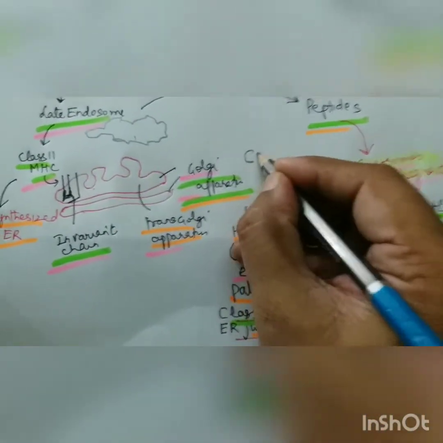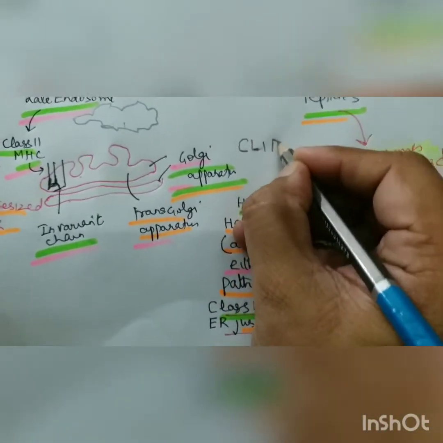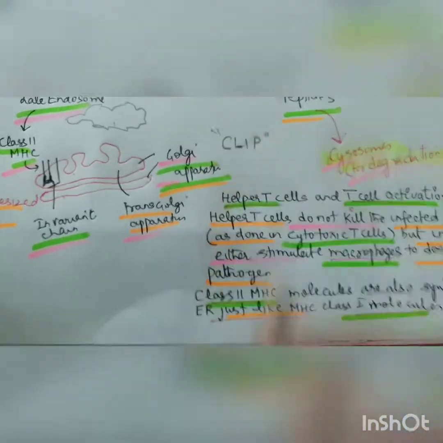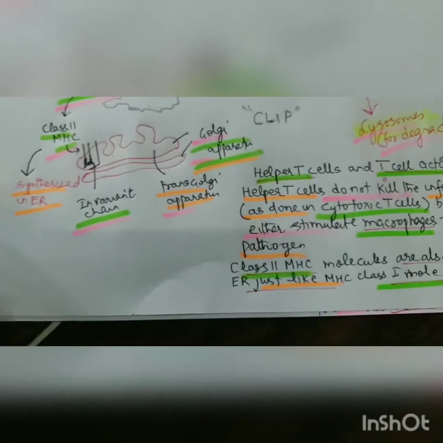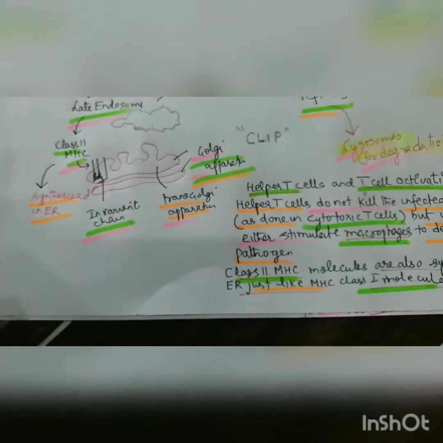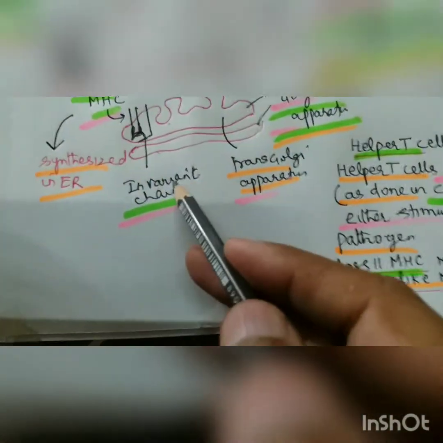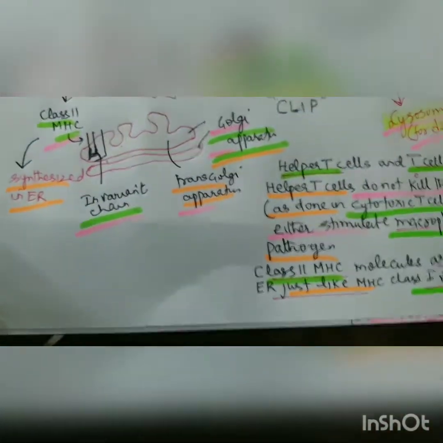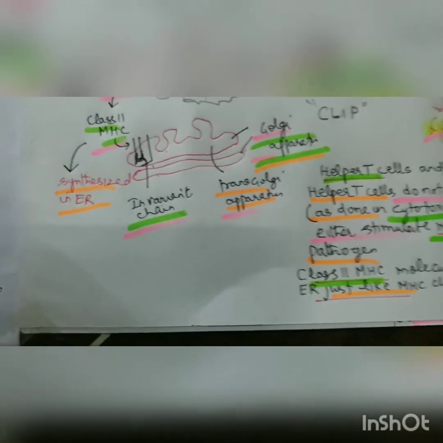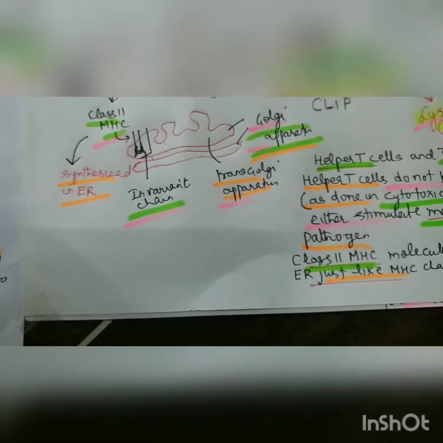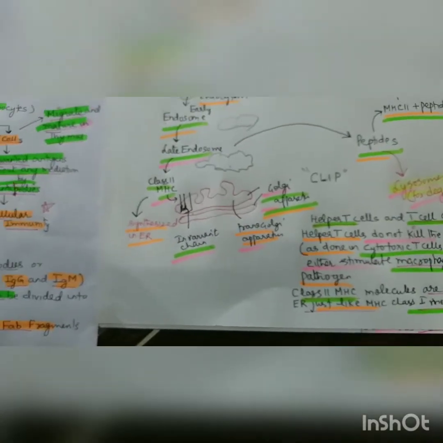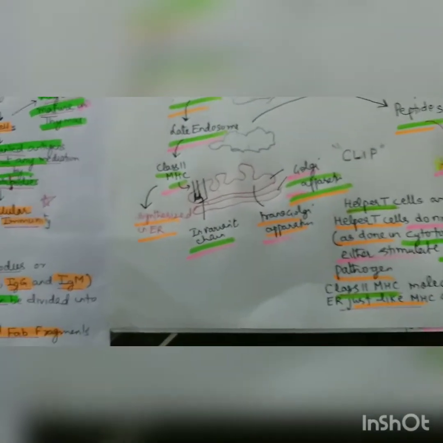This question will come, called CLIP, right? This CLIP is derived from the invariant chain, this one, thus preventing the ER peptides from binding. The groove is occupied by the CLIP so that no endoplasmic reticulum peptide can take that place.